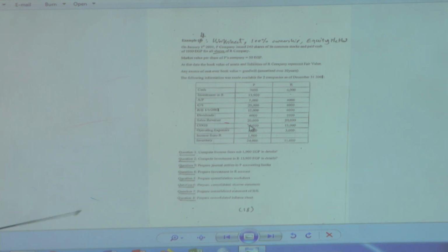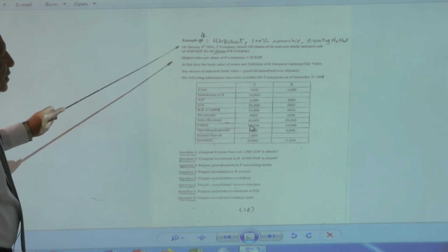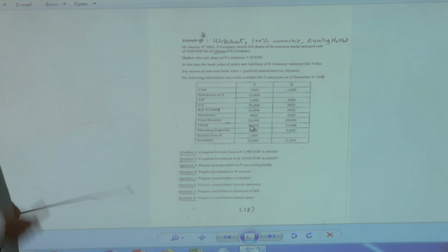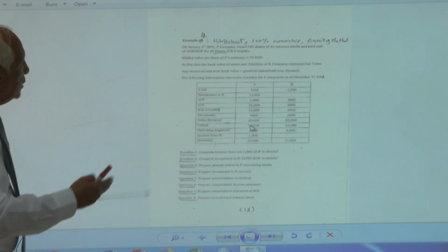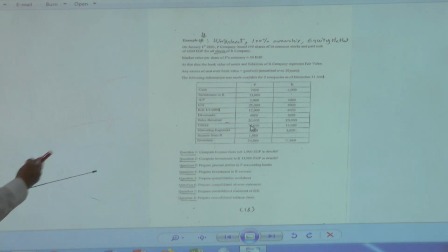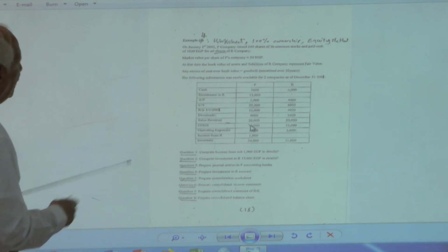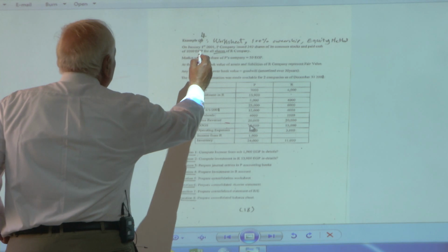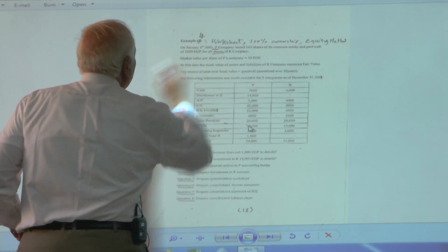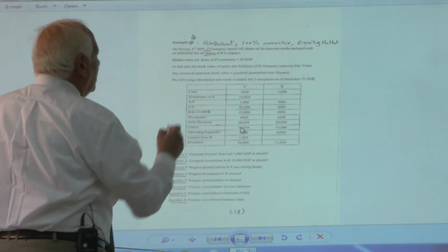Let me read again one by one. I told you, before you answer example 4, you need to read example 4 first. Please pay attention. On January 1st, company B issued a number of shares.